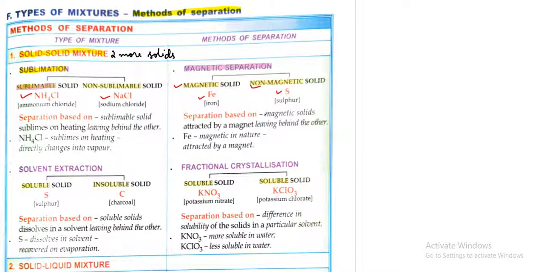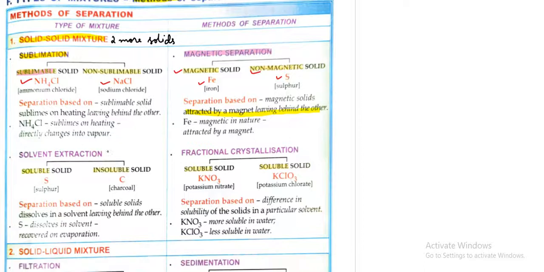So if we bring a magnet near the mixture, the magnetic substance will be attracted by the magnet. By this we can separate the mixture, and what will be left behind is the non-magnetic substance.